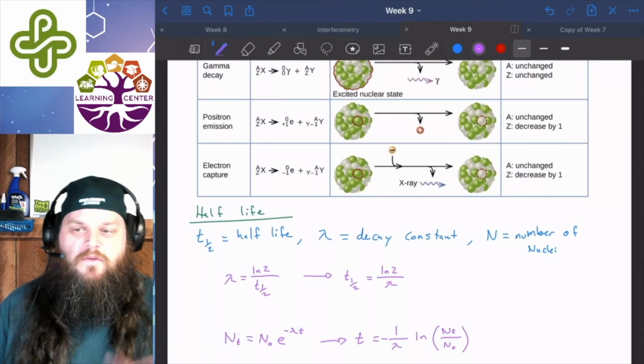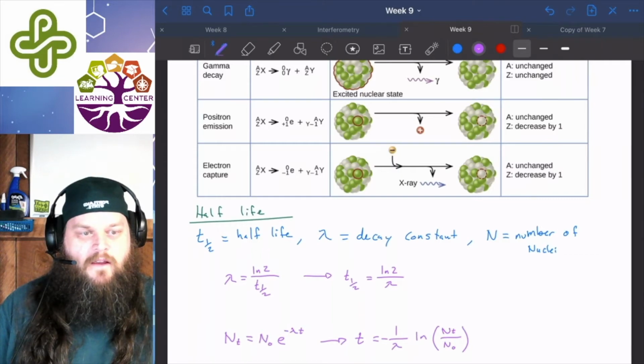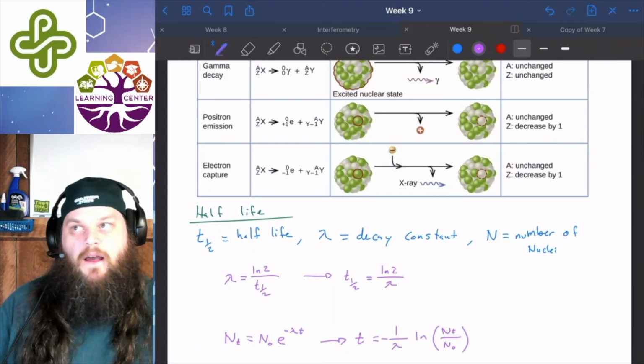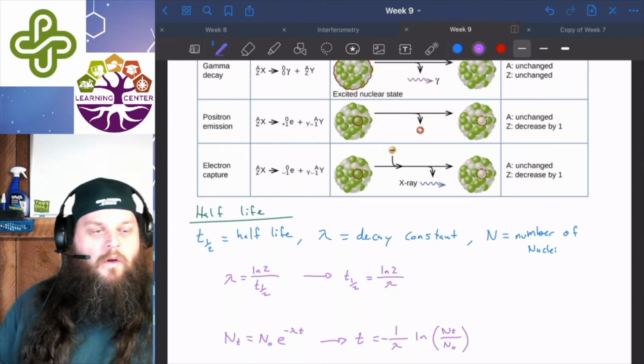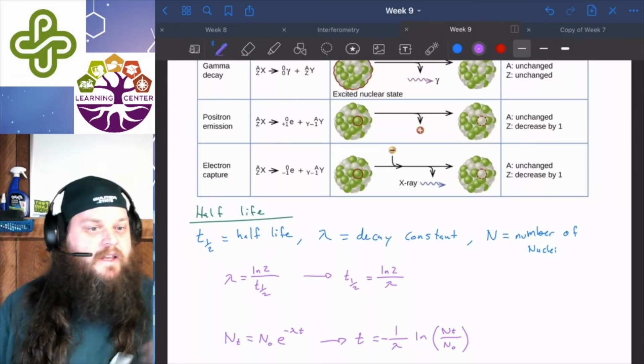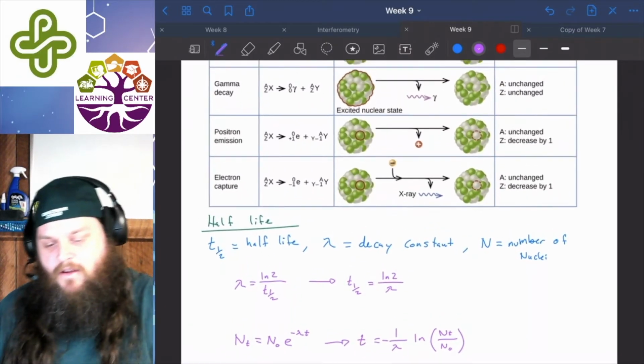So we can use these 4 equations to solve for all the different variables we might need to find, depending on whether we want to find out how long it's going to take for something to decay to a certain rate, or what's the half-life of this one, what's the decay rate based off the half-life, and so on. And we're going to give that a try here.